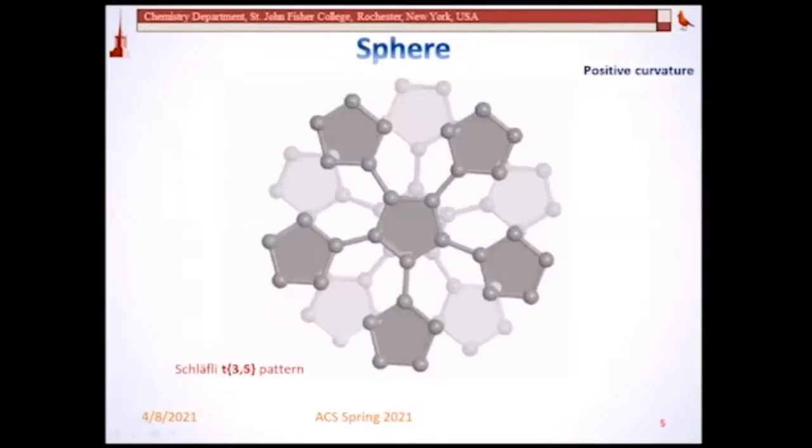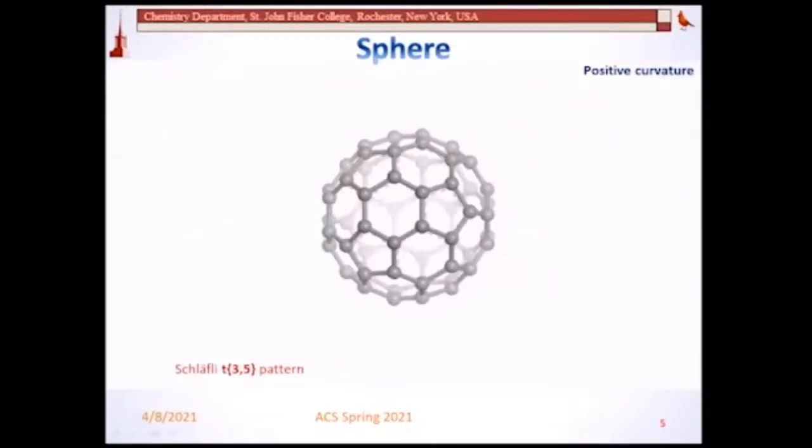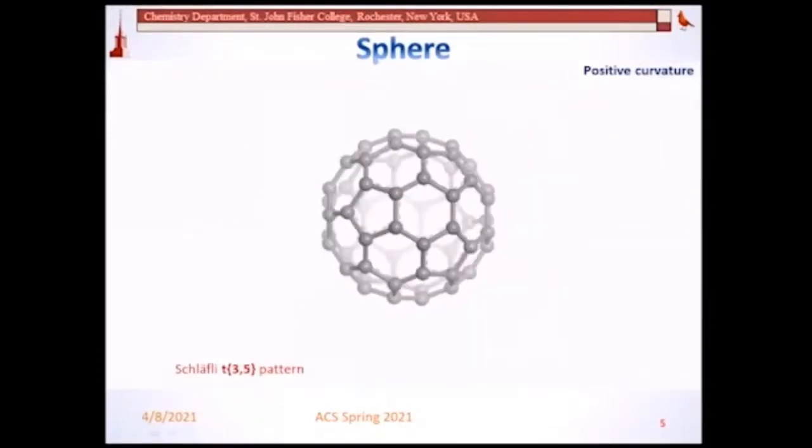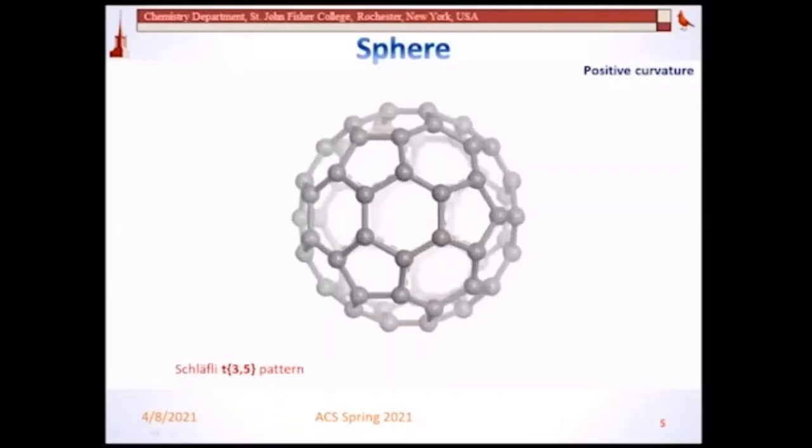Well, we could replace hexagons with pentagons, and what it does is that it creates a curvature. That material would have to curve because there is a shortage of the vertices there. And you can see that it actually forms a known structure, the C60 fullerene.